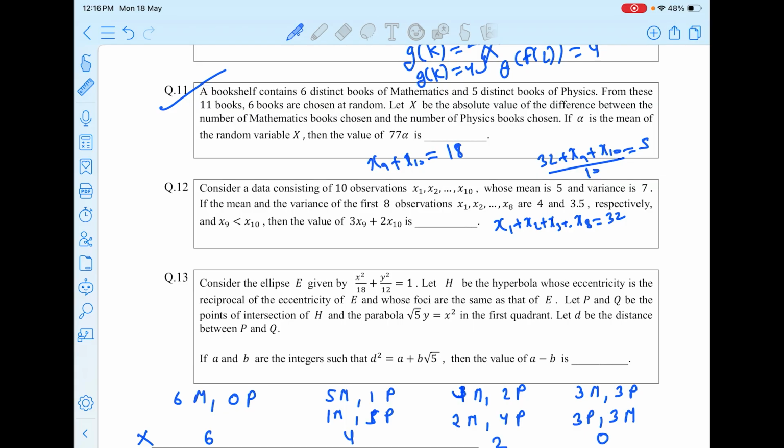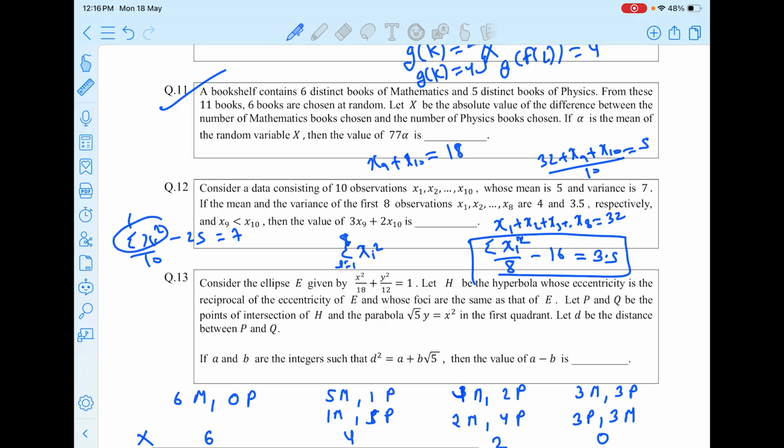Okay. Now similarly they have given variance also. So what is the variance? Variance is summation of xi square by 8 minus mean of these 8 observations squared, 16. This is equal to 3.5. So here you will get summation of xi square from i equal to 1 to 8. Now what about 10 observations? Here summation of xi square up to 10 observations minus mean of those 10 observations squared, which is 25, that they have given 7.